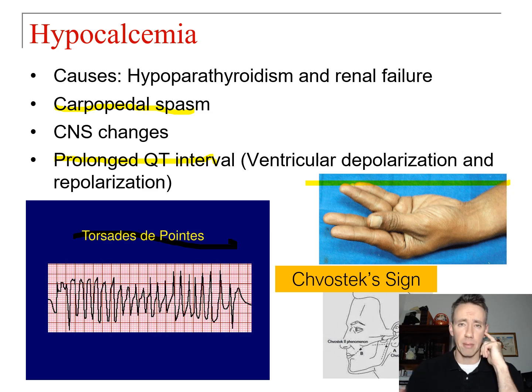Of course, you have to remember that the facial nerve innervates the muscles of the face. So when you tap that, you'd see twitching maybe around the mouth or the eye, because by irritating that nerve it can cause that kind of stimulation, and it's because it's hyperexcitable. And it would happen on the side of the face that you were tapping.